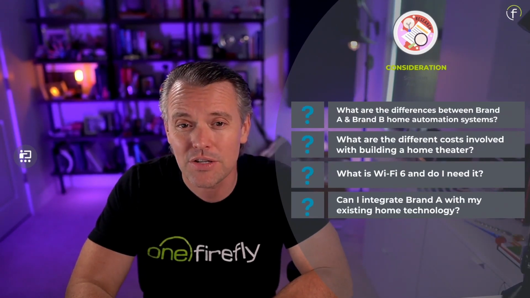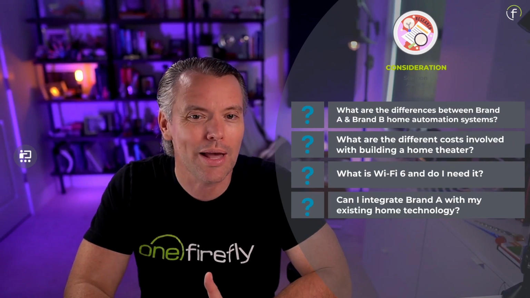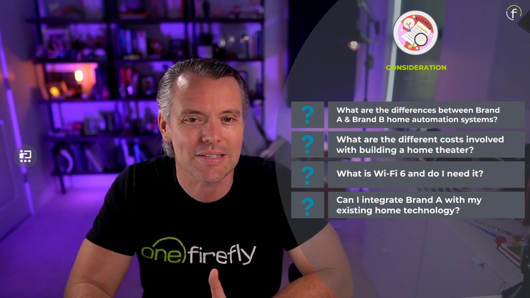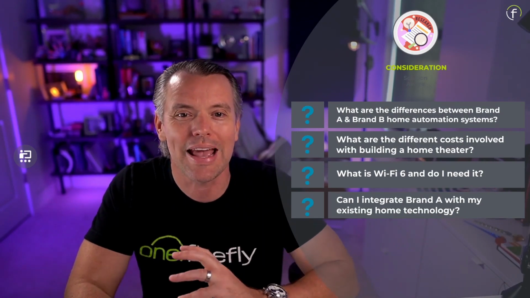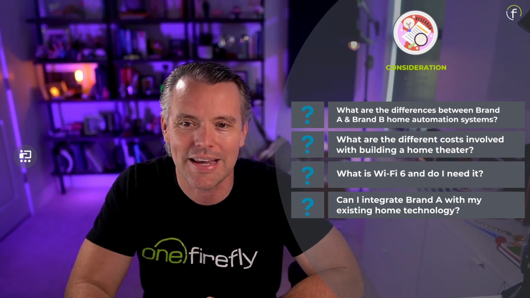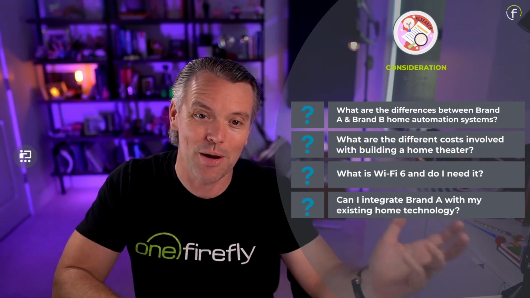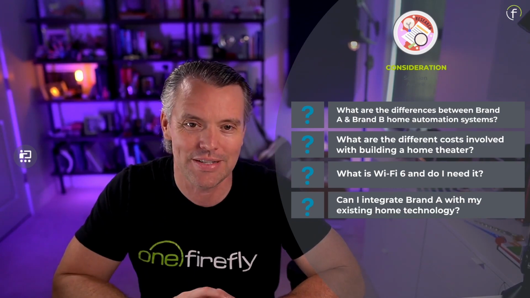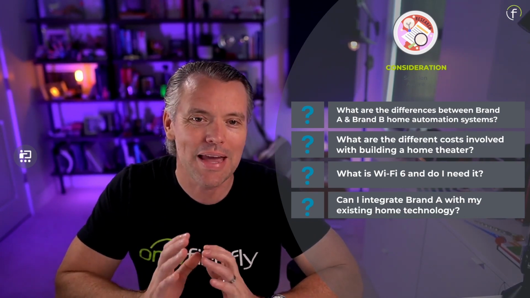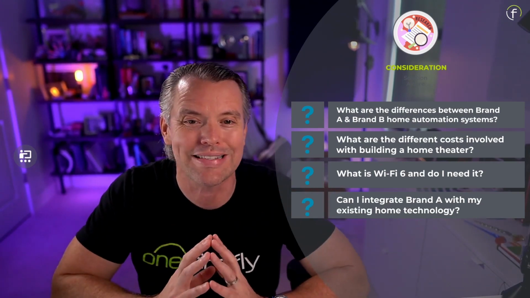Now, the consideration phase, they're a little bit more educated. Maybe they now know lighting and or motorized shading is something that they want, but now they're trying to decide, do I want to use company A, company B, or company C? They might be wondering what the cost difference of company A, B, and C would be, and or even the quality difference of those products. They may start to learn about buzzwords or terms and want to go a little bit more detailed.